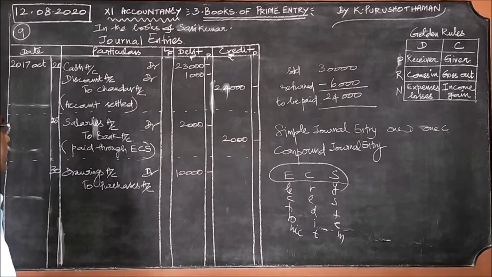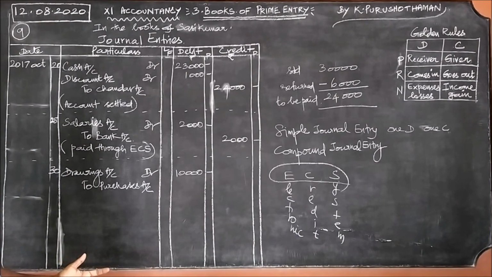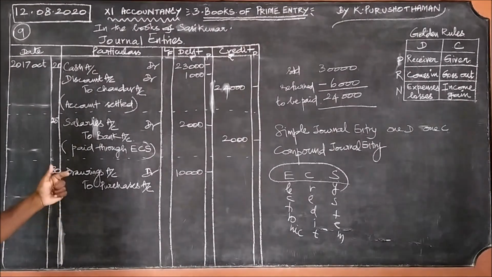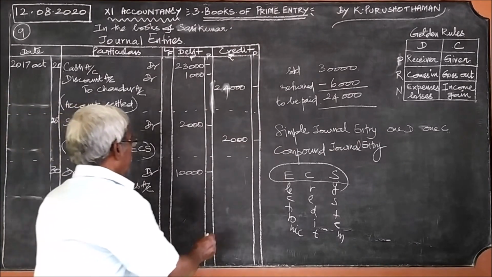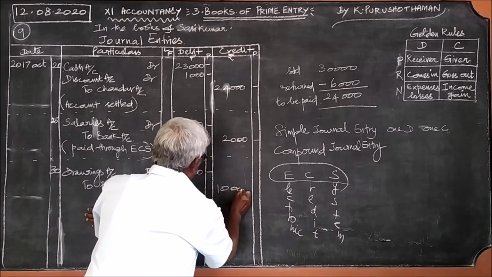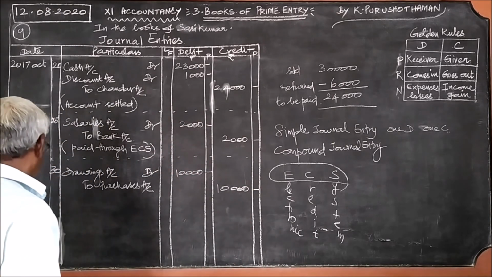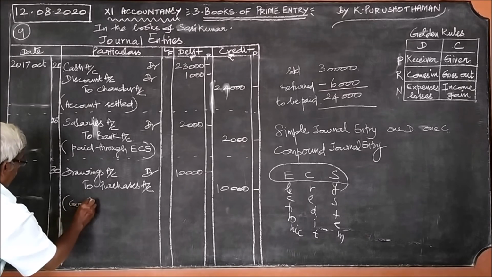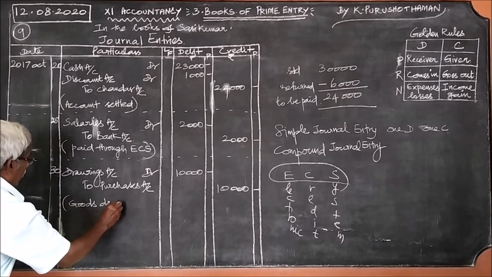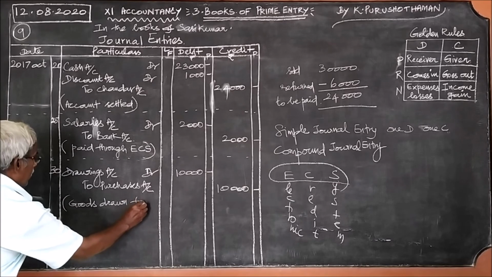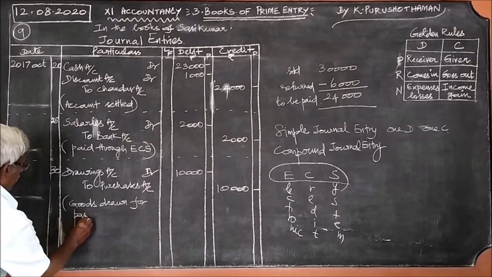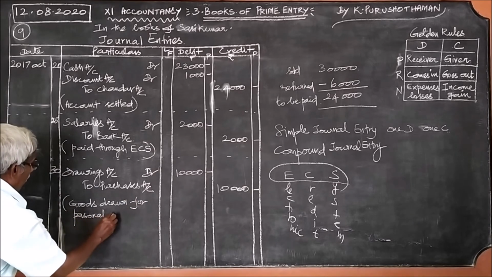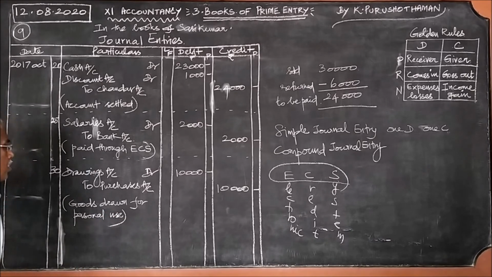When cash is taken for personal use, drawings account debtor to cash account. When goods are taken for personal use, drawings account debtor to purchases account, that is 10,000. Narration: goods drawn for personal use.